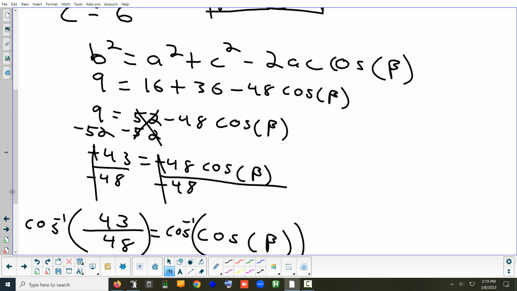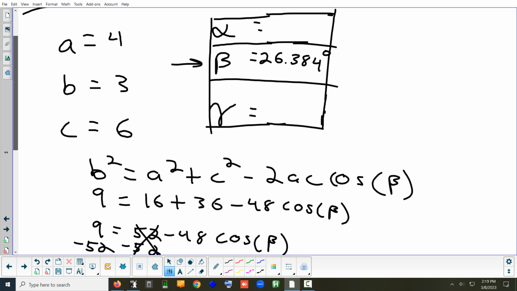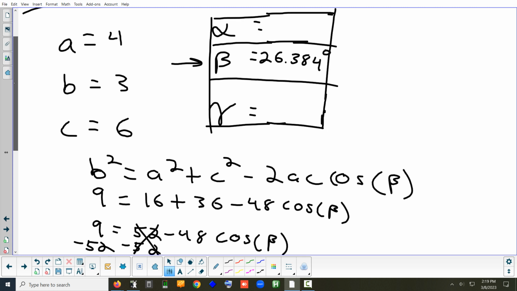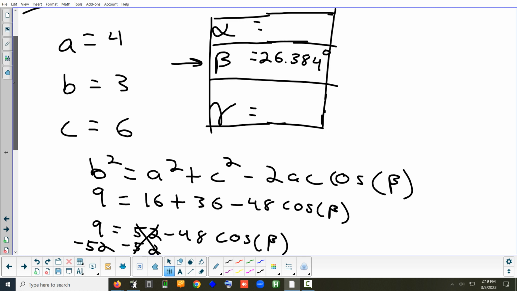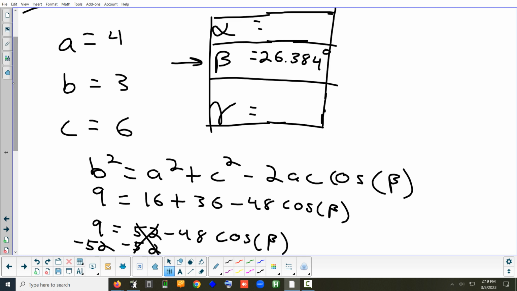But they'll be the same numbers, different spots. Any questions? Okay, so that's your side. You're doing the same thing twice, finding two angles.